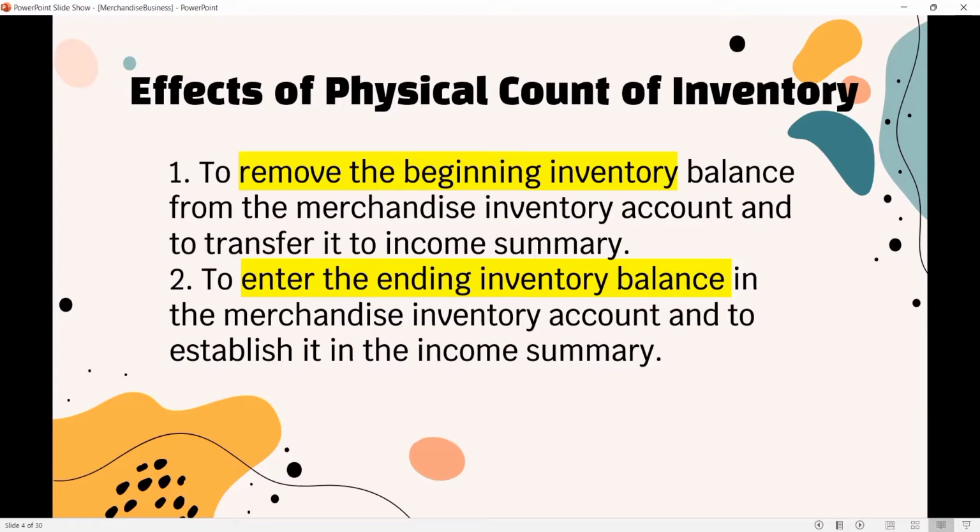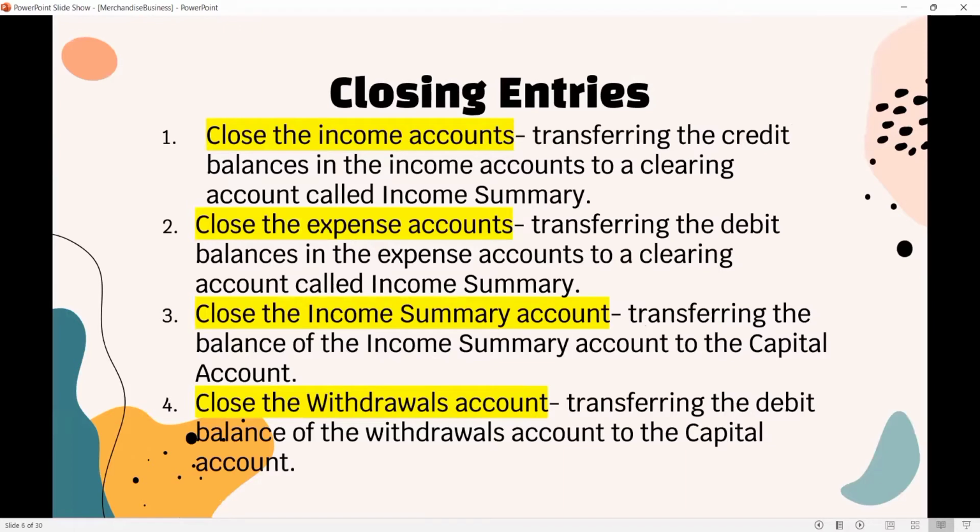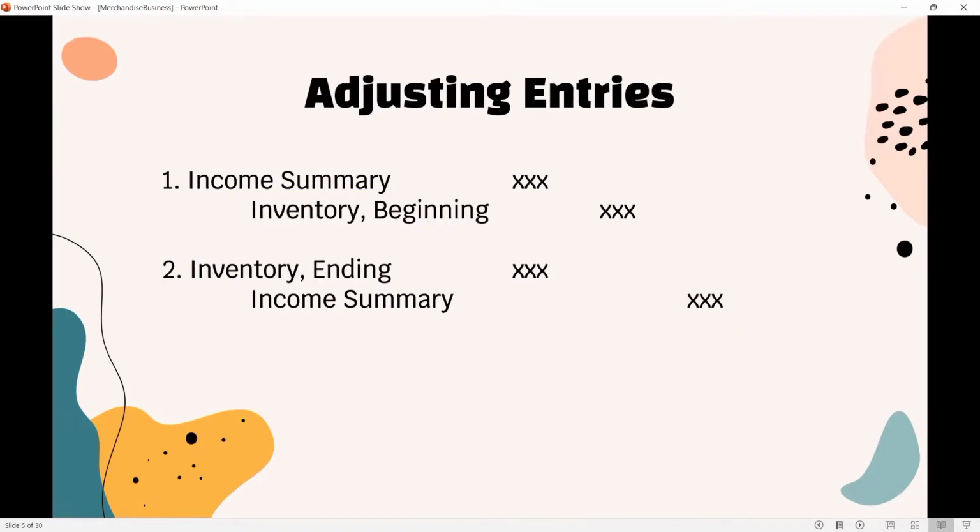Tapos, ang kapartner din niya is income summary. Next na ako. So, ang ating adjusting entries naman sa number 2 is debit, inventory ending. I-credit natin yung income summary. Next slide.